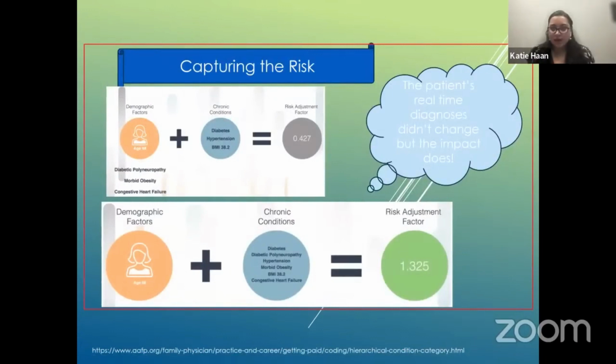This is a really great graphic that explains what we're looking at here. So on the first one, you can see that we have our pretend patient, age 68. We have their demographic factors, and they have a couple different diagnoses. So they have diabetic polyneuropathy, they have morbid obesity, and they have congestive heart failure.